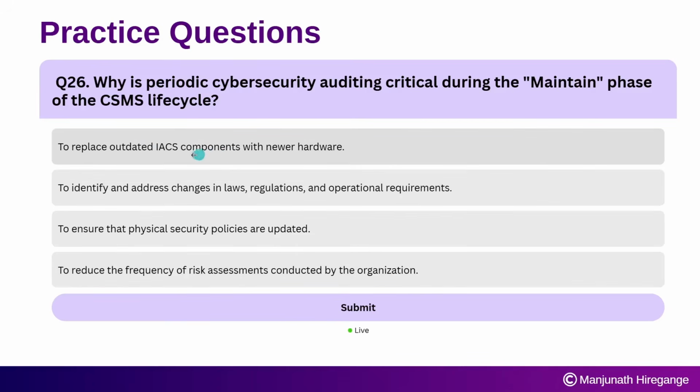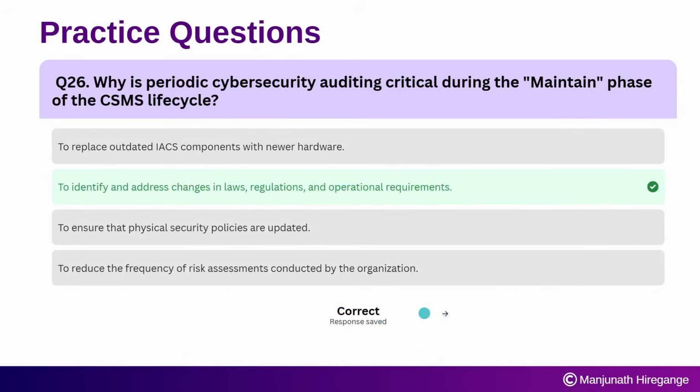Option A, to replace outdated IACS components. Yes, definitely it is part of maintain phase, but it is not the primary goal, or not the only critical one. And then to ensure the physical security policies are updated. It's not only limited to physical security. And the frequency of risk assessment will be reduced. No, it is ongoing treatment. So definitely the answer is to identify and address changes in laws, regulations, and operational requirements.